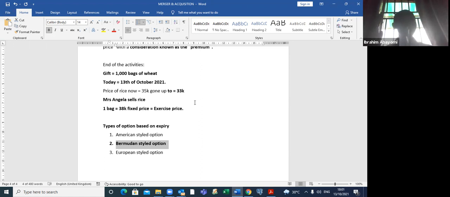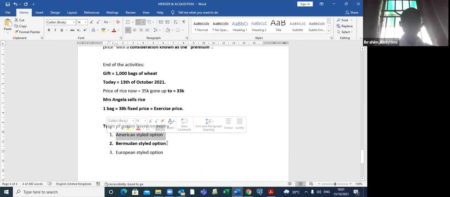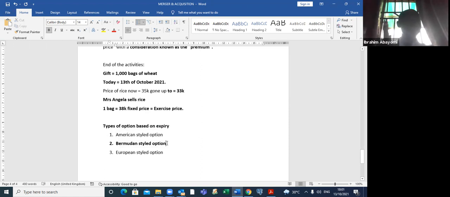You can see that there are selected dates. Unlike America, that is anytime, any date. But Bermuda is on selected dates. So that's the reason why we name it Bermuda. Bermuda is in between American and European.